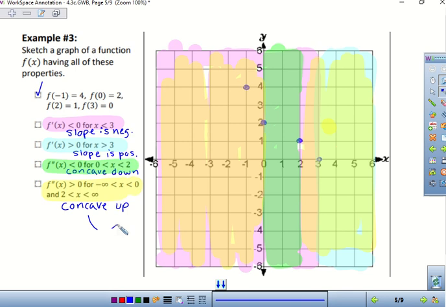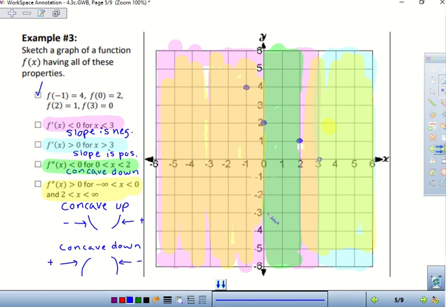Concave down has this appearance. This is concave up when the slope is negative. This is concave up when the slope is positive. This is concave down when the slope is positive. This is concave down when the slope is negative.